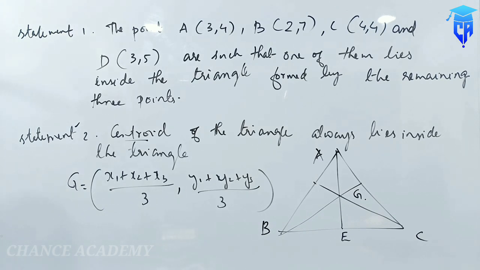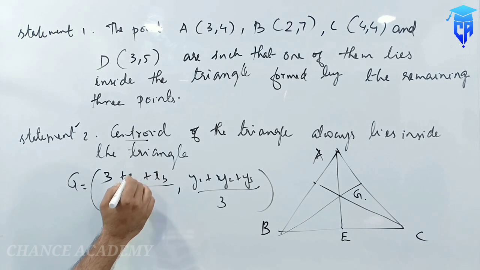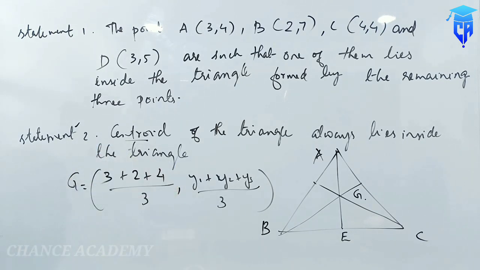In that case, replace x1, x2 and x3 with the x coordinates of the vertices A, B and C: in place of x1 you can write 3, x2 is 2, and x3 is 4.